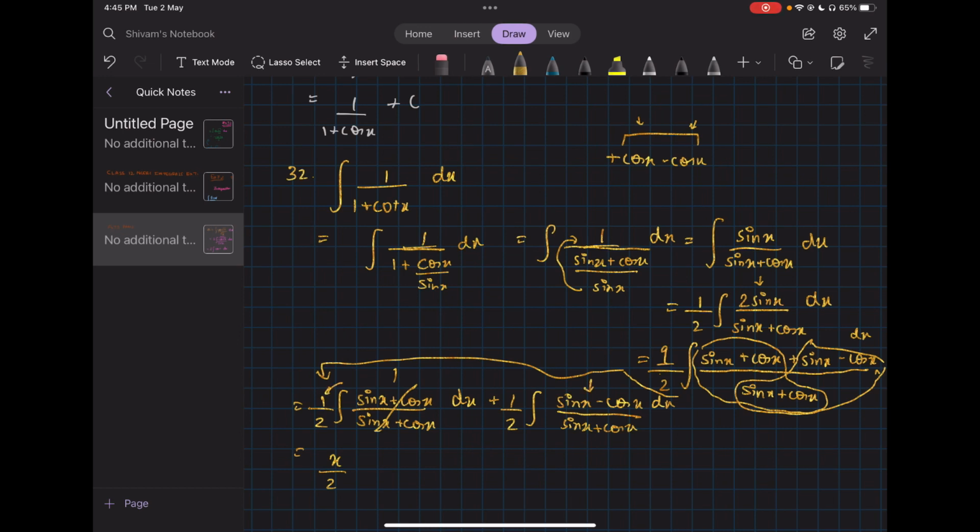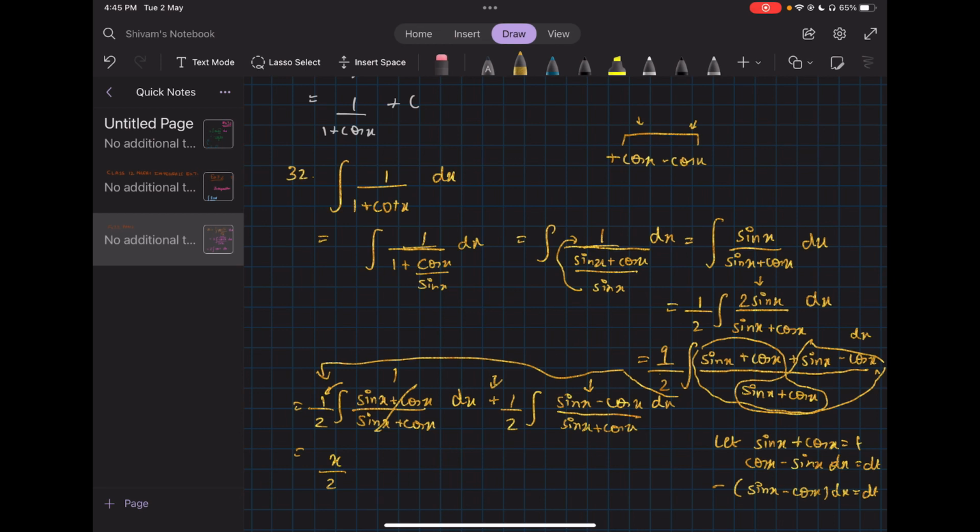And here we're going to do a u-sub. If we let sine x plus cosine x equal t, then cosine x minus sine x dx is equal to dt. If we take a minus sign outside, that gives us sine x minus cosine x dx is minus dt. Of course, we have an extra minus, but we just throw that outside the integral.